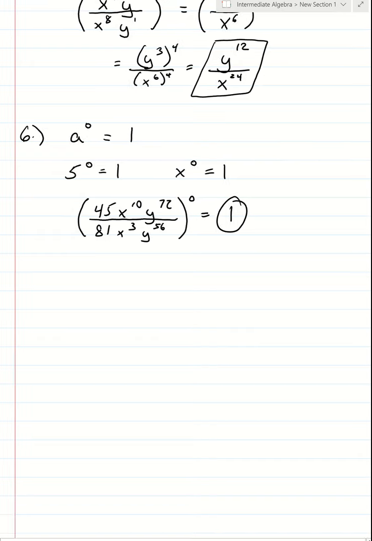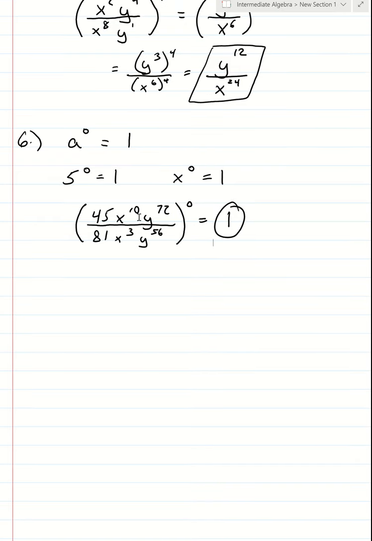Even in this most recent crazy example, we had an x to the 10th, y to the 72nd, x to the 3rd, y to the 56th. Those are all positive exponents, okay? The initial problems were all positive exponents, as well as your final answer had all positive exponents in the end.